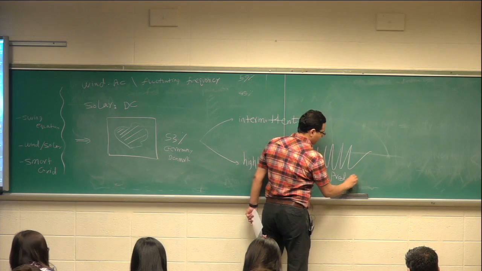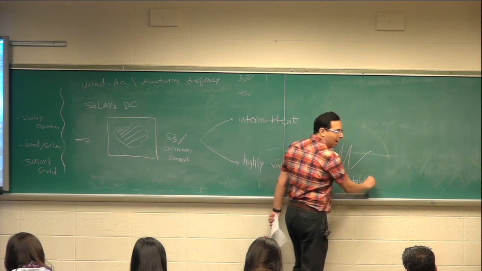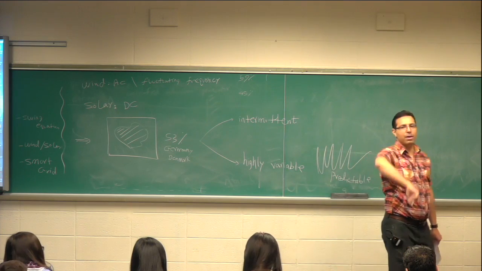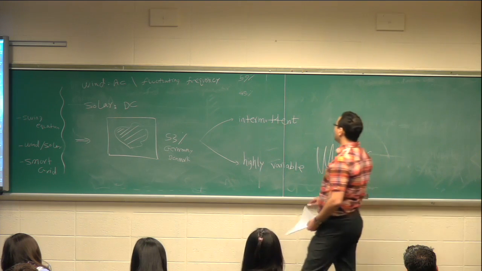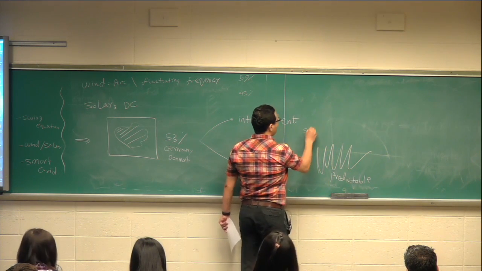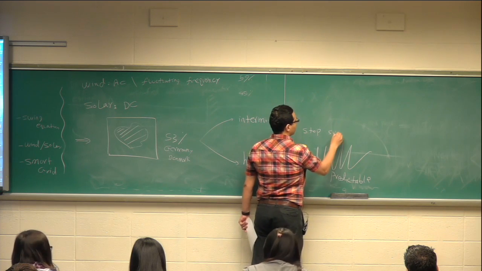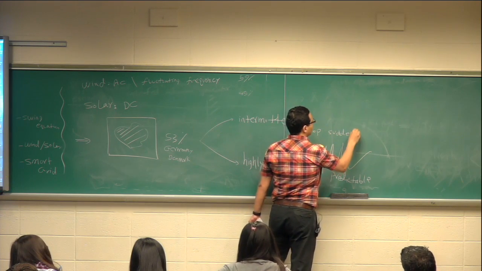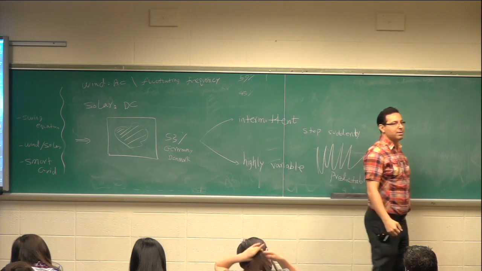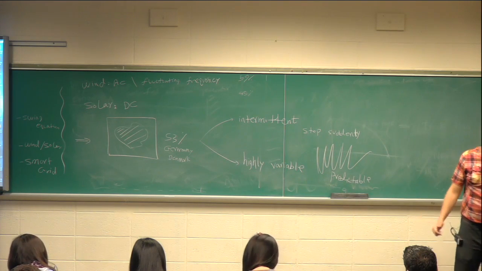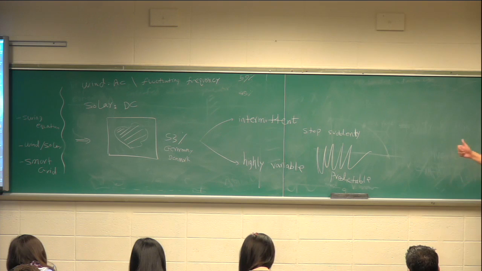So with high variability, it just fluctuates a lot, and maybe it's predictable. You know that in the next 2 hours, wind is going down, going up. Predictable, but it's highly variable. Intermittency is not predictable. It could stop suddenly. You thought you were going to have wind now, it's not blowing. 5 minutes from now, something happens.